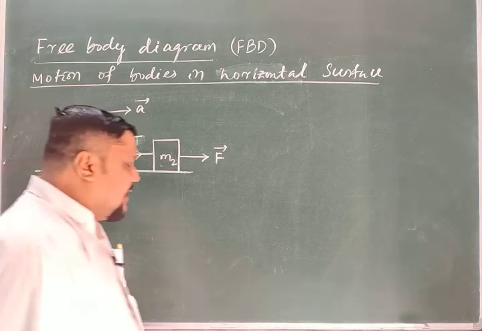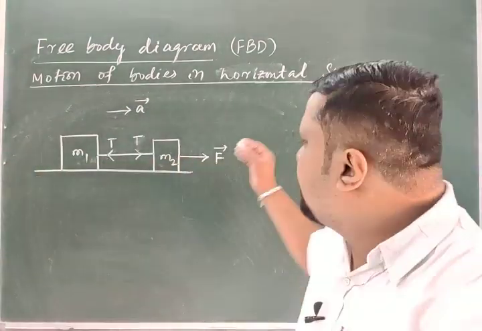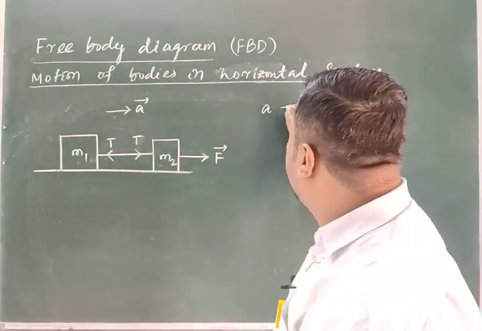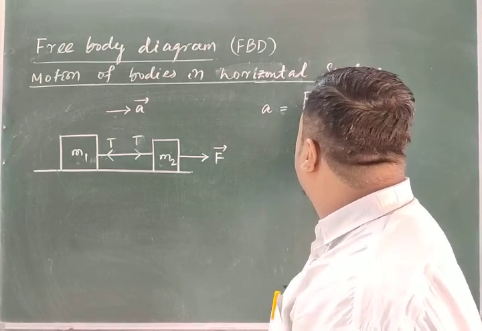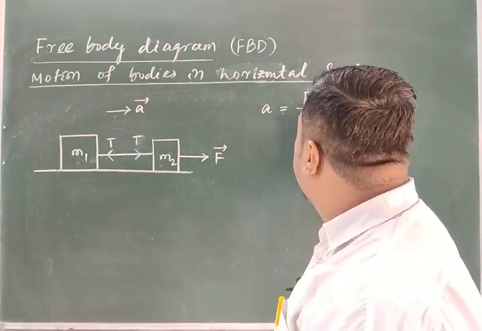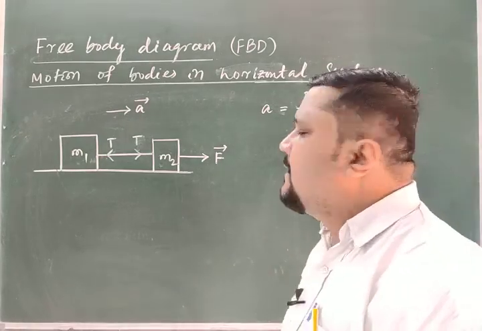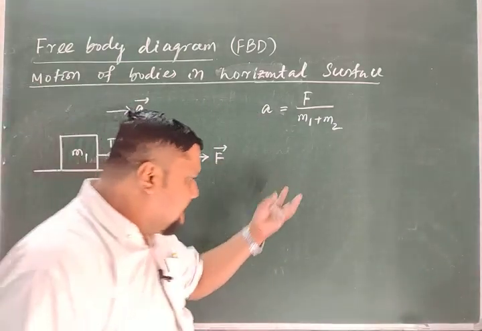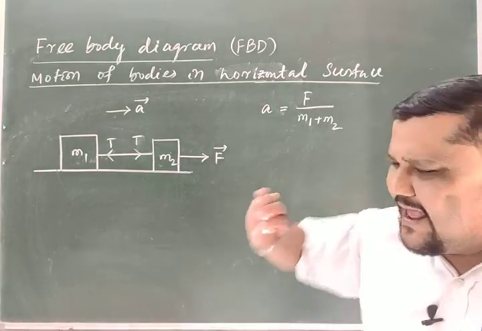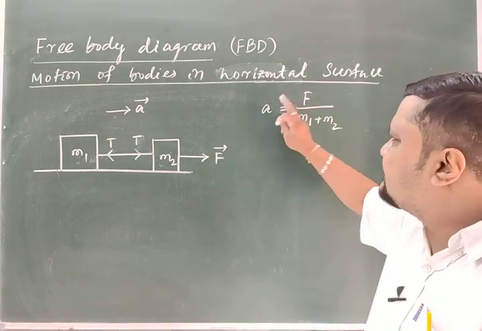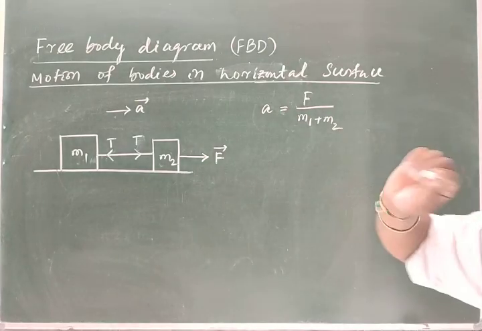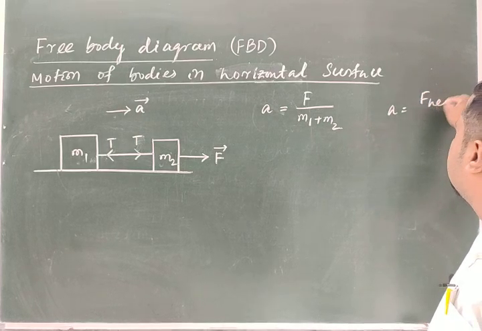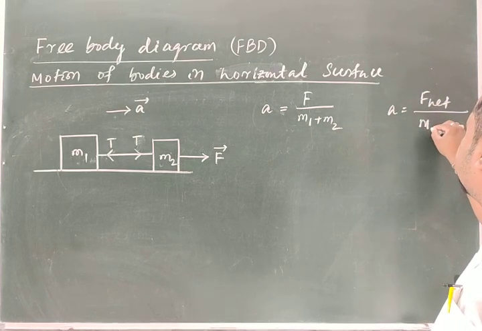Now, for the acceleration of the system, as you know, if I consider this whole as a system, then A is equal to F by the total mass, m1 plus m2. In the last video, as I already discussed, to make things simpler, in every case when you calculate the acceleration, it should be equal to the net force divided by the net mass.